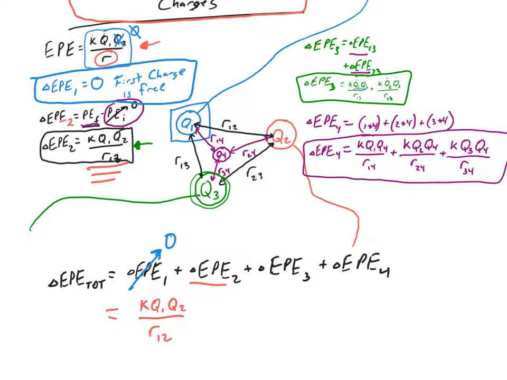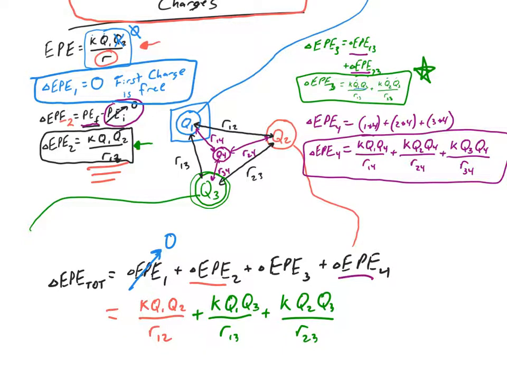So the change in electric potential energy 2 will be K Q1 Q2 over R12. Next, energy to bring the third charge in. That's going to be this stuff over here. Plus K Q1 Q3 over R13 plus K Q2 Q3 over R23. And lastly, for the fourth charge, K Q1 Q4 over R14.